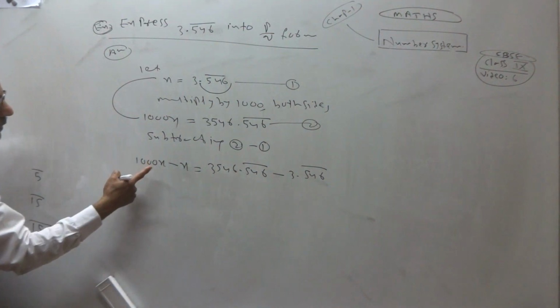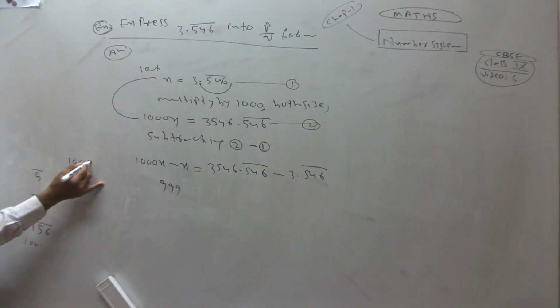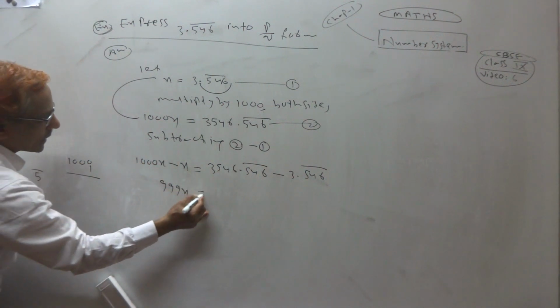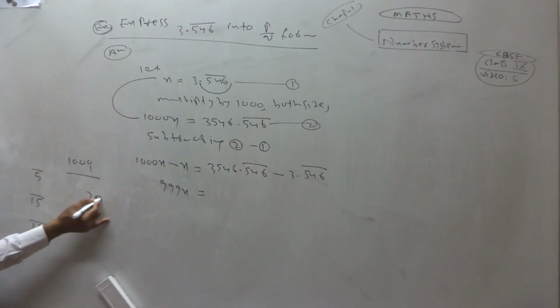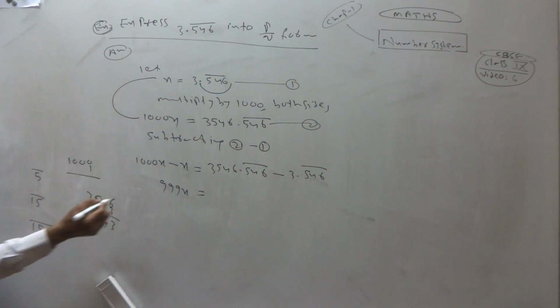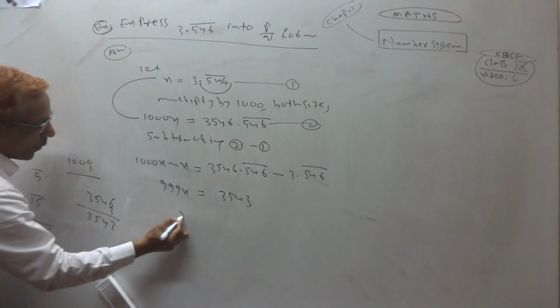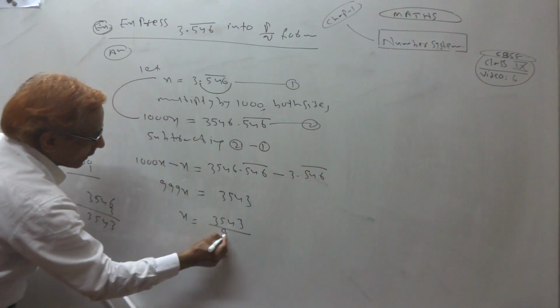What is 1000x minus x? 1000 minus 1 is 999, so 999x. What is 3546 minus 3? 3543. And this gets cancelled. What is x? 3543 by 999.